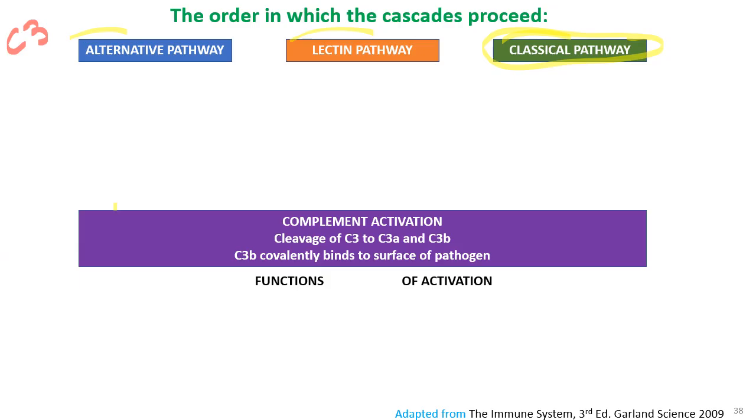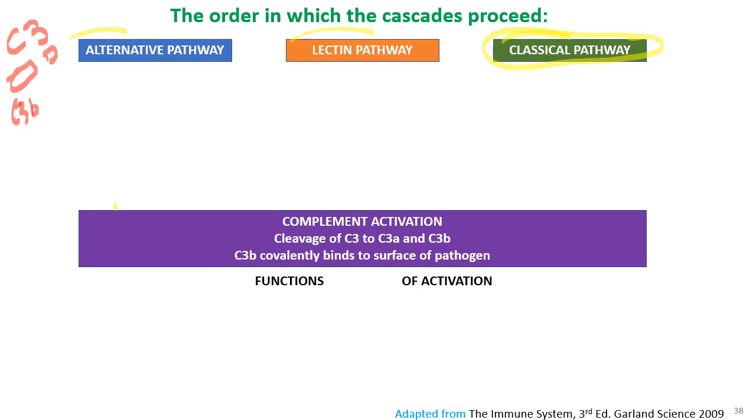So it does some auto-cleaving, and then it becomes C3b and C3a. And then this guy, C3b, can bind to any membrane that is around.